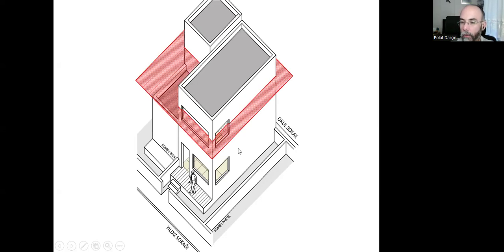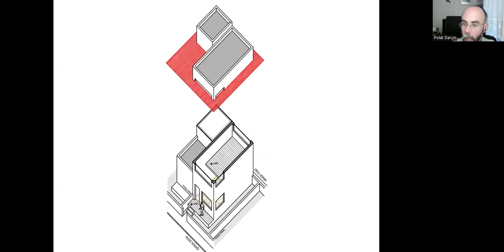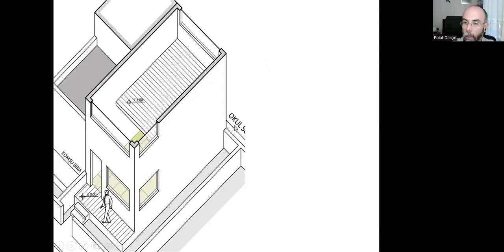So for the first floor plan, we need to cut the building horizontally at this level. The level is the eye level of a person who stands on the first floor. So it's been cut, and we elevate the upper part and look down. We see that the first floor is a partial floor.